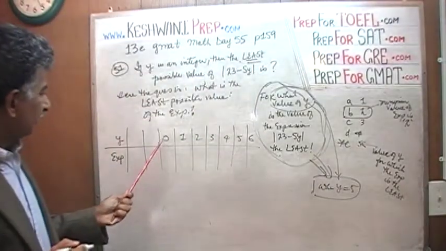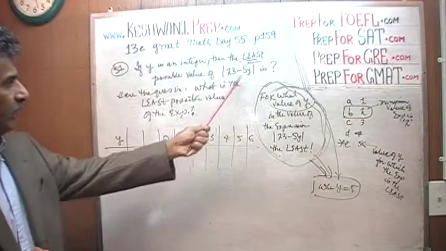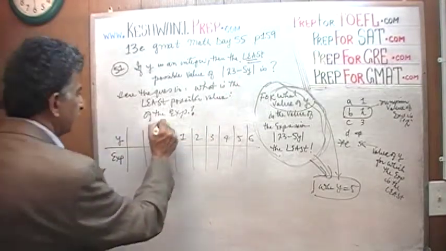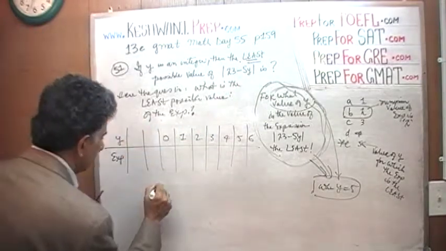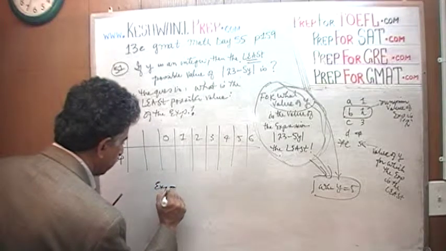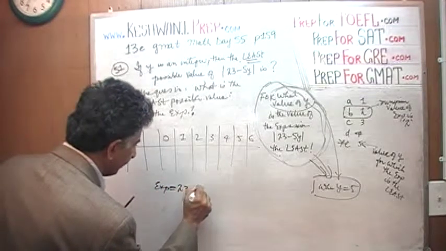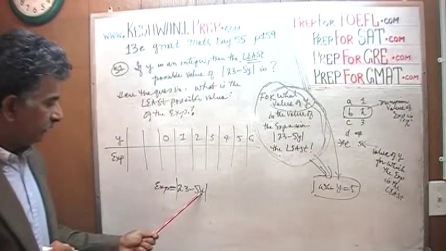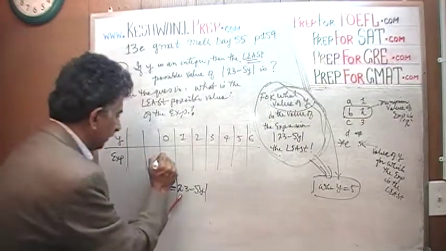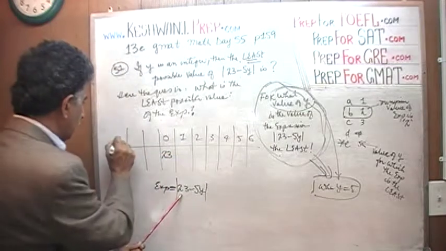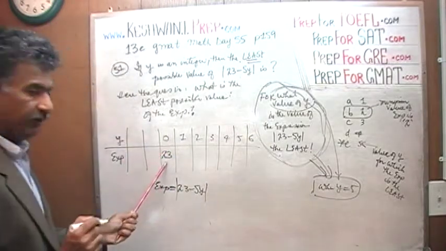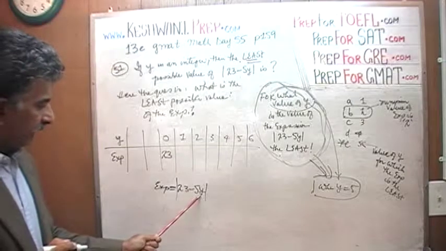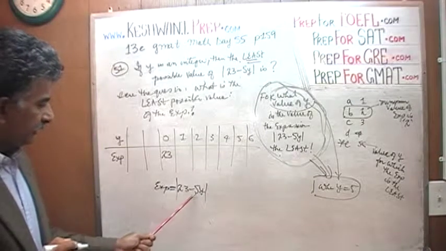When y is 0, our expression is the absolute value of 23 minus 5y. When y is 0, 5 times 0 is 0, and we get 23. When y is 1, 5 times 1 is 5, 23 minus 5 is 18.